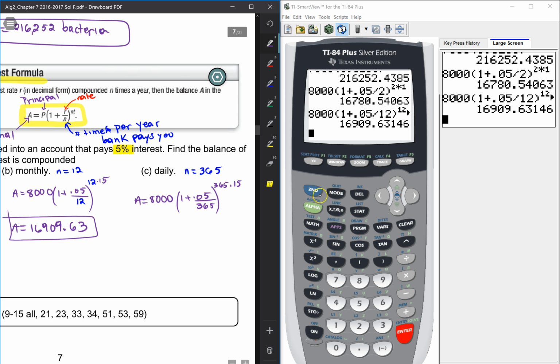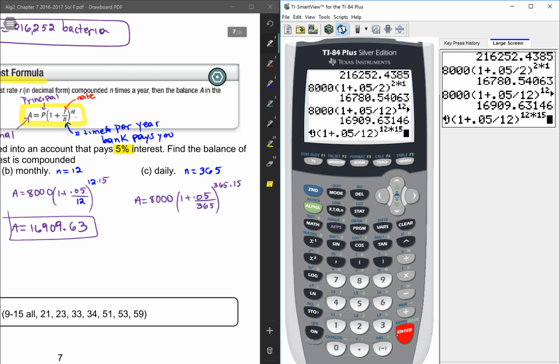Here we go. Second, enter. That gives you the last equation you put in, so all you have to do is go in and edit. Now, I had a 12 in here, but I need a 365. So here we go, 3, 6. I need to input another character, so I do second, insert, 5.